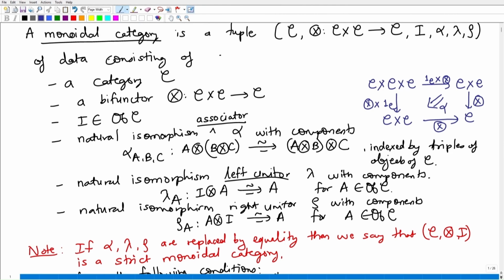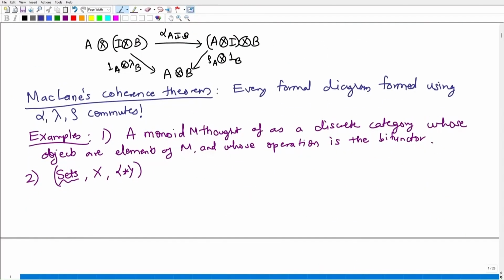Similarly, what was the role of cross in sets? Cartesian product is the name, but what was the role of cross? It is a product. So in general, if you have any category which has products, finite products is sufficient. We don't even need infinite products.